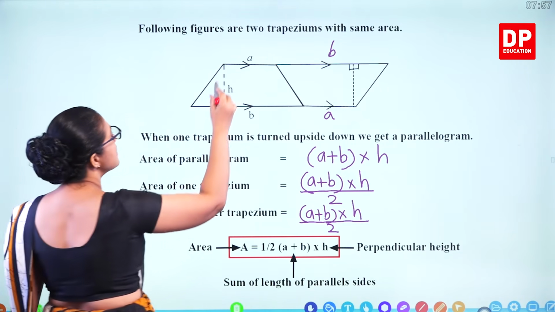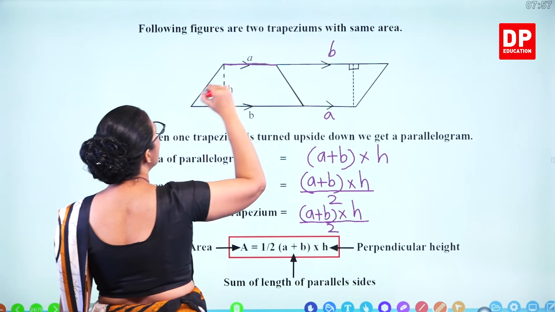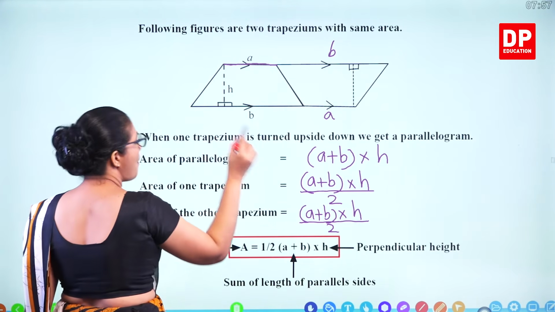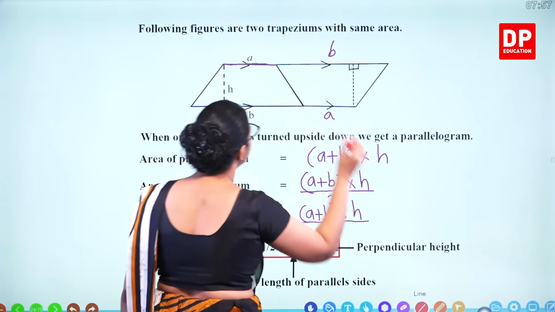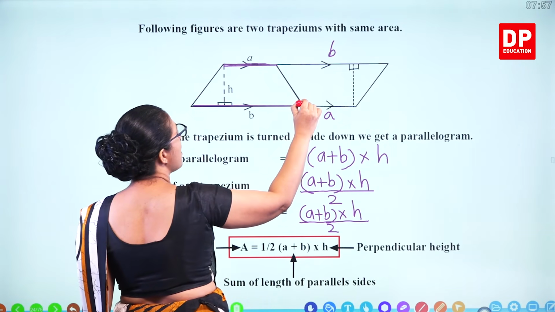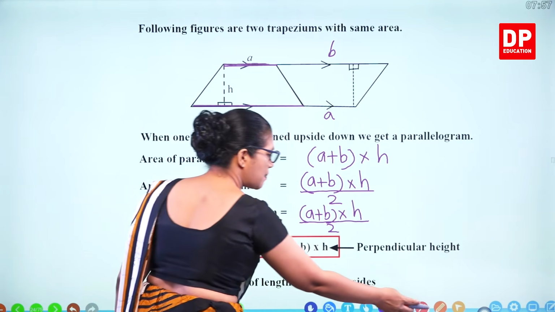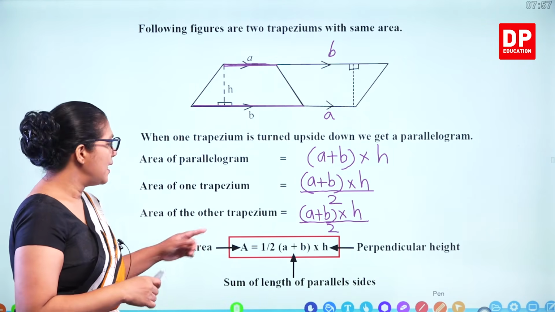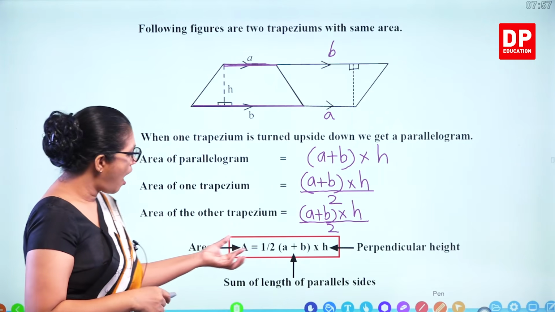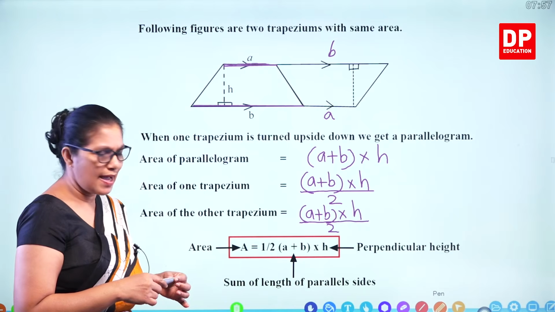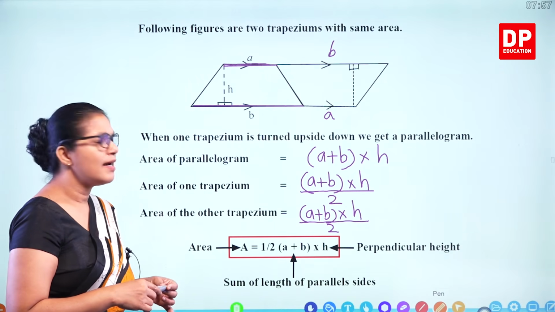A plus B is the sum of the lengths of two parallel sides. So this length and this length of a trapezium. So remember, what's the formula to find the area of the trapezium? Half A plus B, the sum of two parallel sides, into perpendicular height.